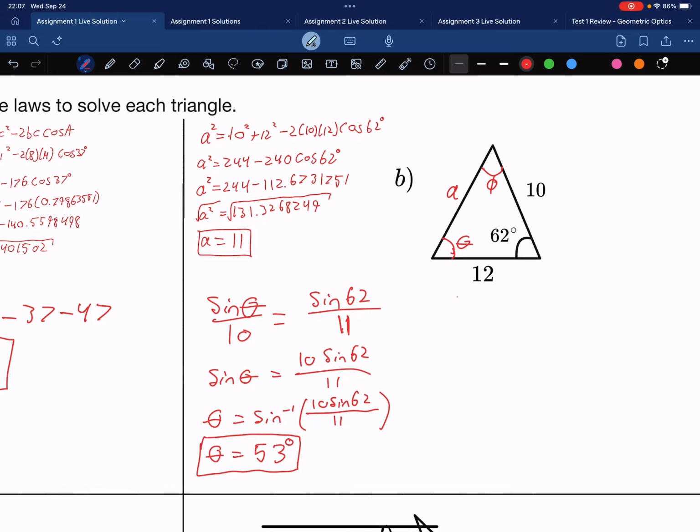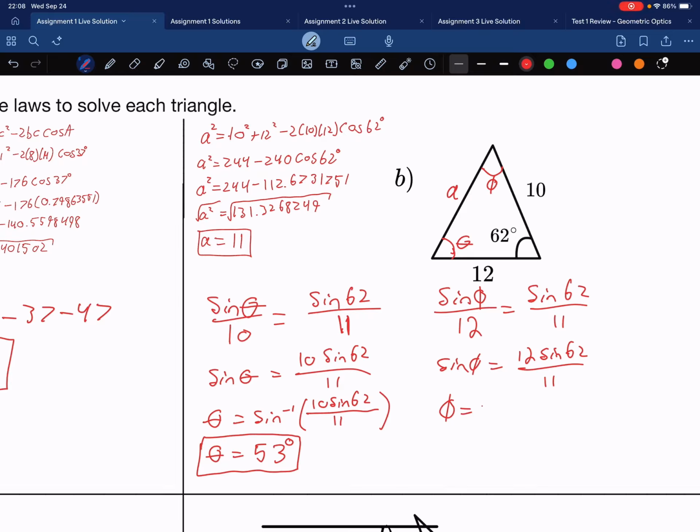But this time it should work out well for us. So I will do the proper calculation here. So sine phi over its opposite side, which is 12. I will use sine 62 over 11 again. We get sine of phi equals 12 times the sine of 62 over 11.